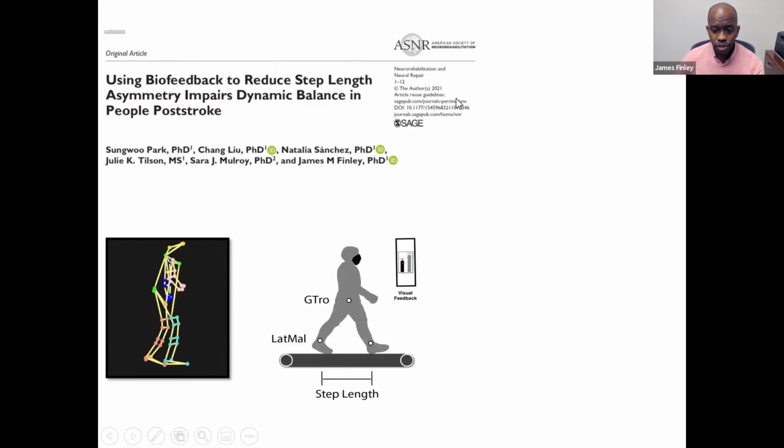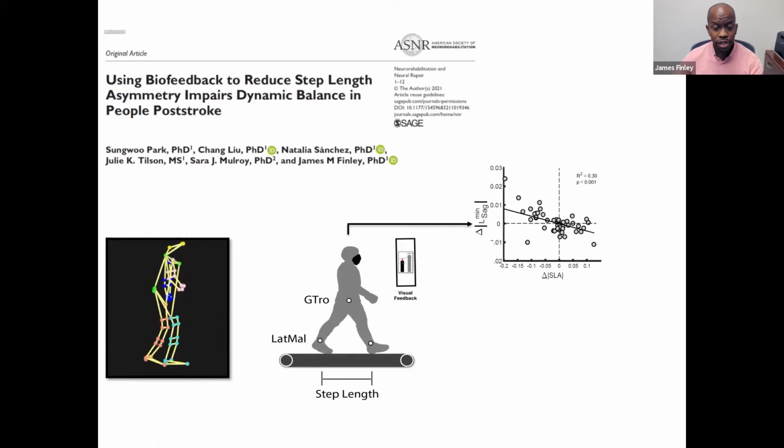And so to answer this question, we use tools like biofeedback, which allow us to have an individual walk with a more symmetric pattern, so we can give them feedback as they're walking about their individual step lengths. And then we can ask how those changes affect measures of balance.